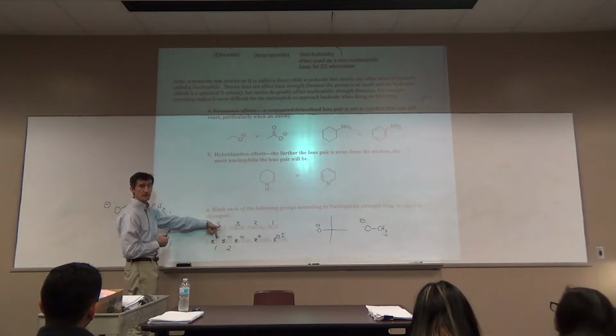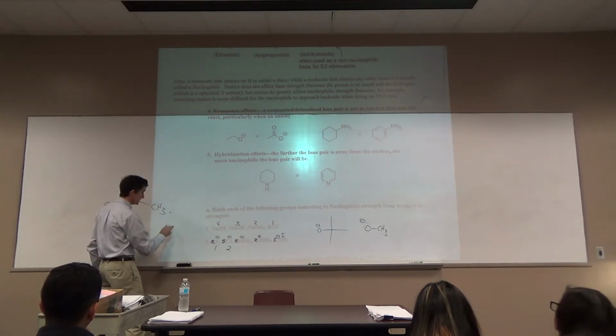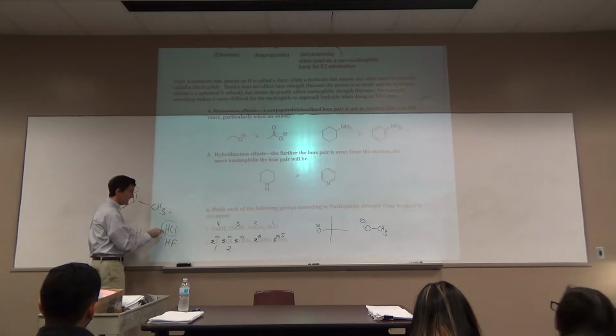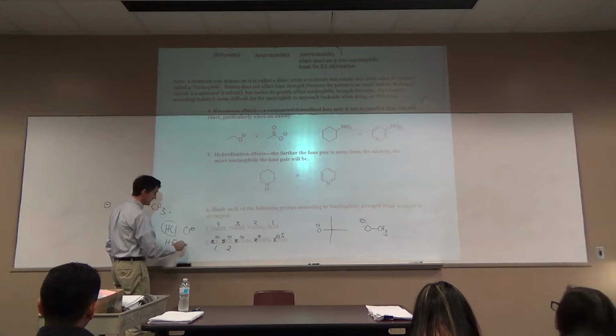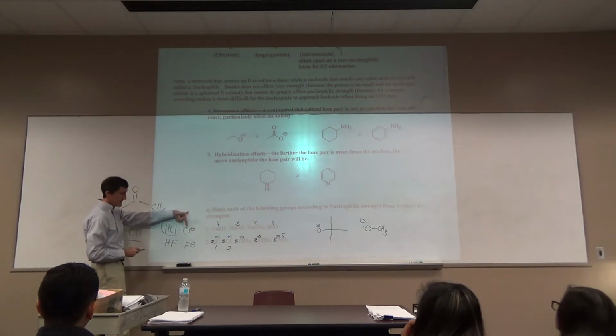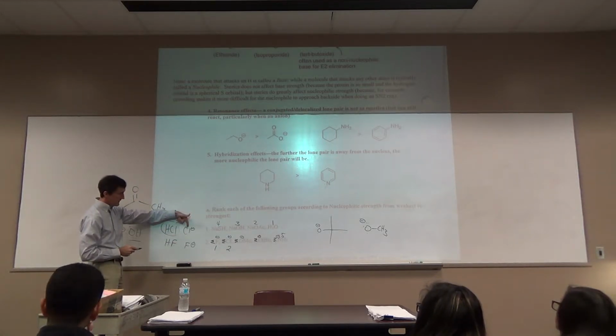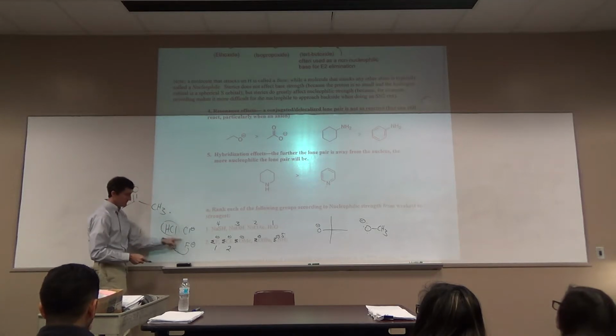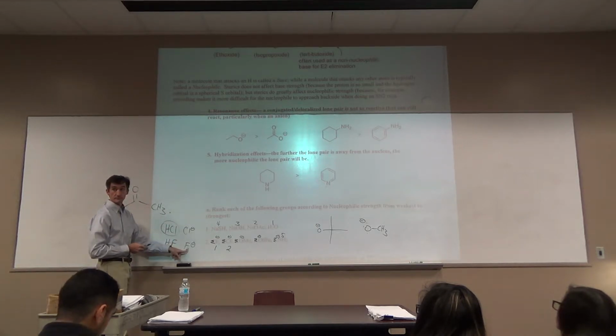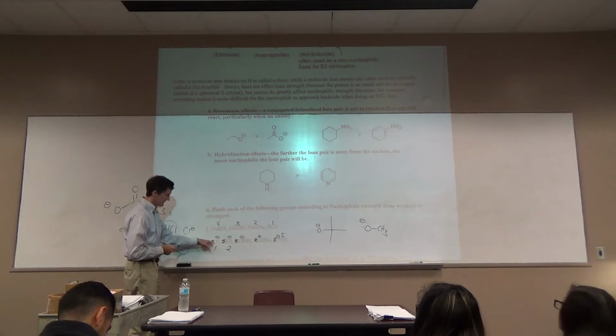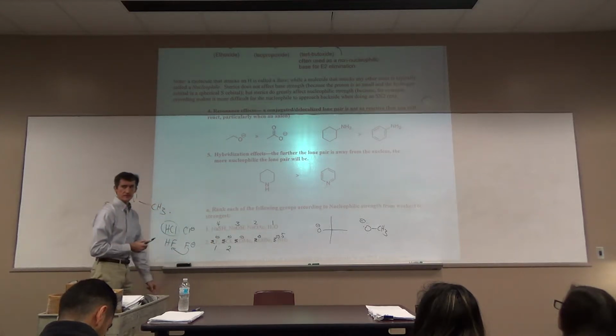It wants to take an H and go back to neutral. Also, which is a stronger acid, HF or HCl? HCl is a stronger acid. Why? Because Cl minus is more stable than F minus. Thus, F minus wants to go back more, so it's a stronger base, because it's less stable. But it's a weaker nucleophile. See, that's where it's really conflicting.